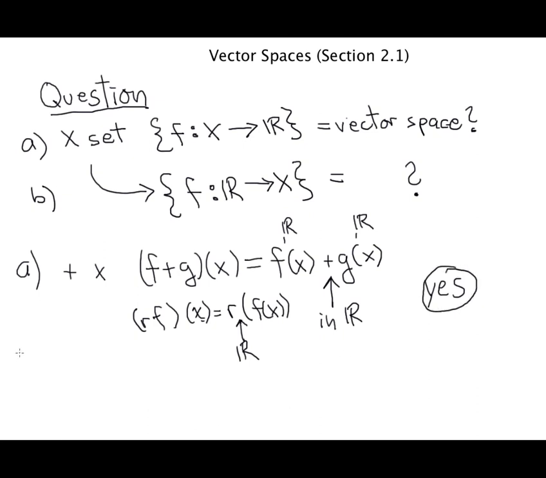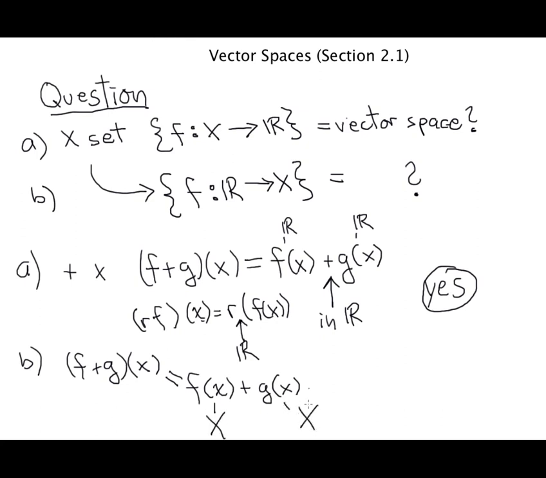Now, if we look at B, what do you do? Well, you'd like to do the same thing. f plus g, you have to define addition of two functions. What's f plus g of x going to be? Well, the only thing I can think of is f of x plus g of x, and f of x is an element of X, and g of x is an element of X, and X is just some arbitrary set.